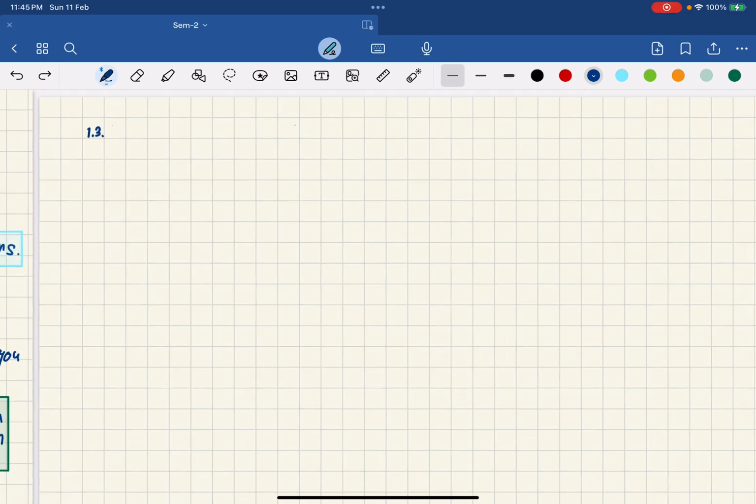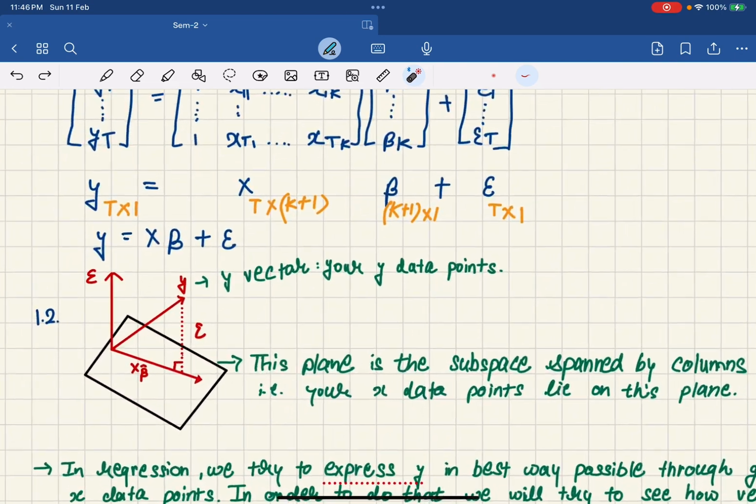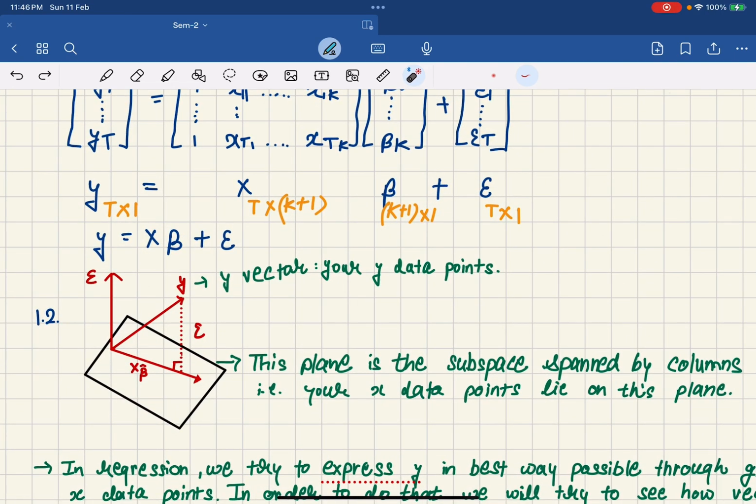One more thing before proceeding, let's look at the figure again. We have to minimize this distance between the y vector and the plane, right? And it is a common fact that the minimum distance is always the perpendicular distance. If you find the minimum distance between a plane and a vector, then this E vector, this E distance, should be perpendicular to this plane.